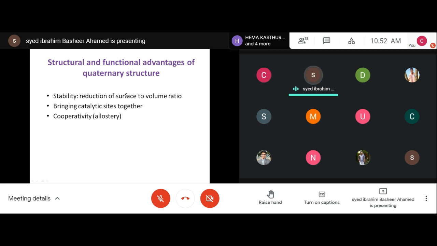In some cases, by bringing the monomers together, you can make them cooperative. It's called the allosteric effect. We will see this in later classes.